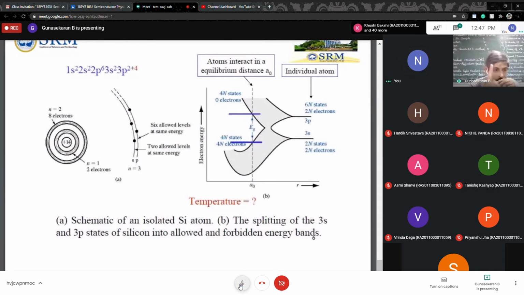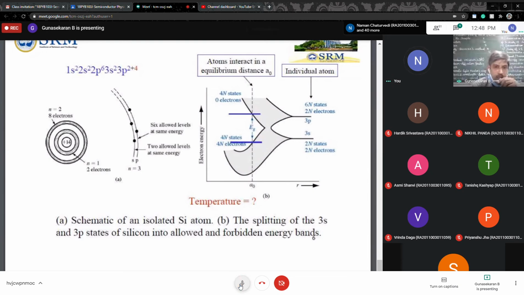Because each doping atom donates 1 electron. For example, with Avogadro number of atoms, 10 power 23 atoms, each donating 1 electron, 10 power 23 electrons are available. So you say that is an N-type semiconductor, and that is a donor impurity.